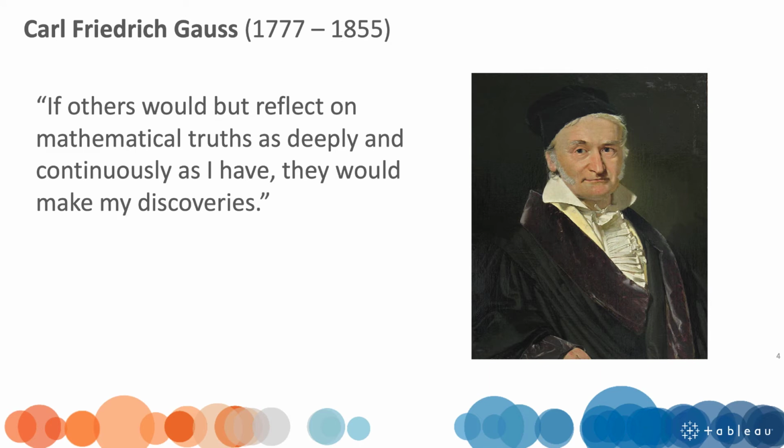Subsequently, Gauss used the normal curve to analyze astronomy data in 1809, around that period. The normal curve is often called the Gaussian distribution because of him, even though he wasn't the first one to invent it. De Moivre in 1733 was the one who invented it.